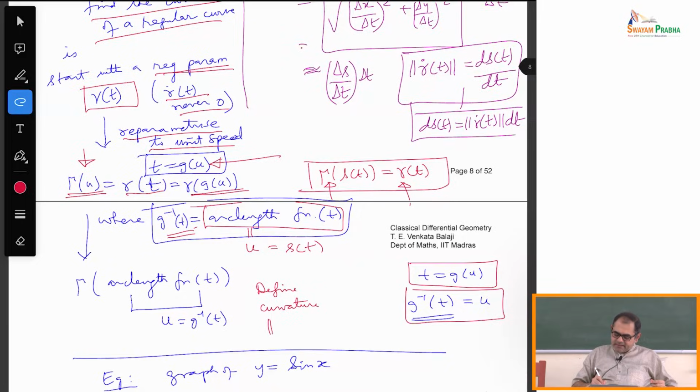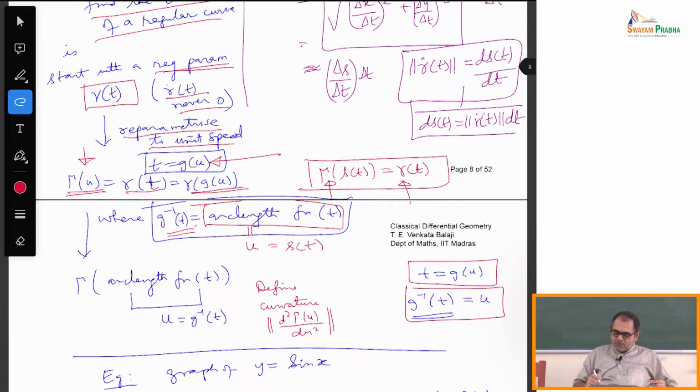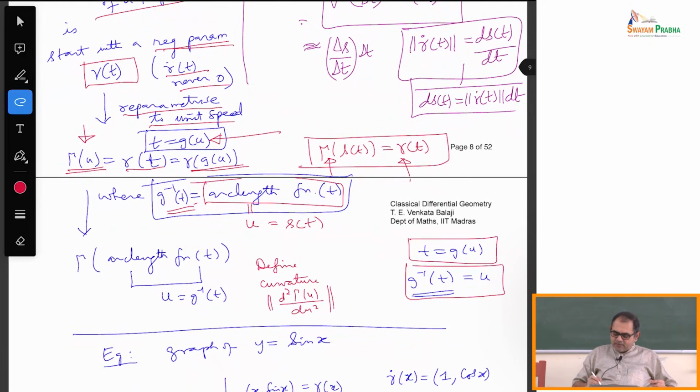That should be a unit vector because it's a unit speed curve. Then you again differentiate it, you will get d squared gamma of u by du squared. That is the acceleration, you take its magnitude. So the curvature will be the norm of d squared gamma of u by du squared. This is the curvature. And so what I have to do is essentially compute this quantity and I will get the curvature.